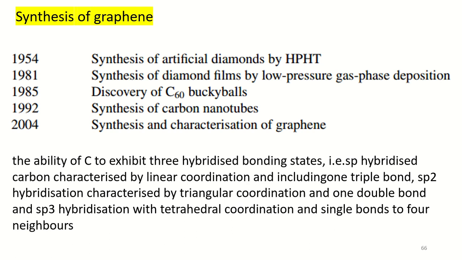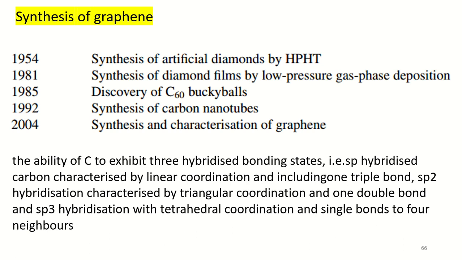The first one is the ability of carbon to exhibit three hybridized bonding states: sp hybridized carbon, characterized by linear coordination and including one triple bond; sp2 hybridization, characterized by triangular coordination and one double bond; and sp3 hybridization with tetrahedral coordination and single bonds to four neighbors.